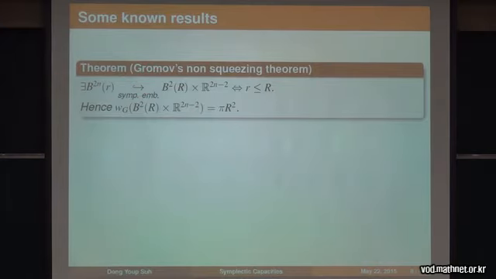So you have a cylinder of radius R, and if you squeeze a ball of radius r into it, then r is at most R, and the Gromov width of this one is πR². In other words, this capital R decides the volume, how big the ball can be embedded in this cylinder. So this is kind of a striking theorem. I mean, symplectic embedding is a very rigid property.